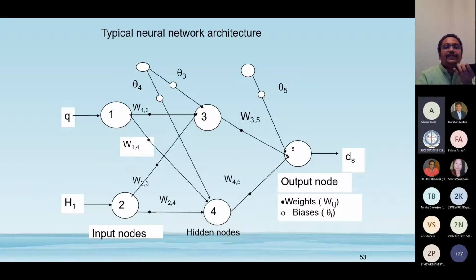Typically, I'm showing it with two inputs. A neural network is nothing but a technique to map random input to random output. How do we decide the training data and testing data?